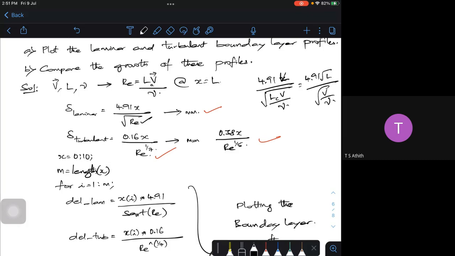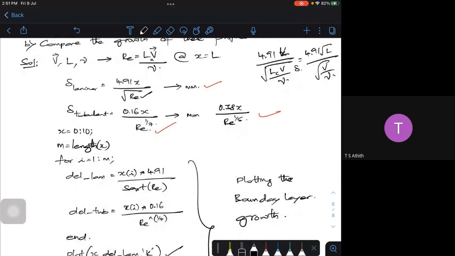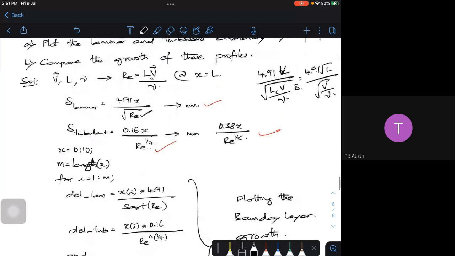I think I missed the property somewhere. So I need to get this is equal to delta, and I need to get those velocities, so local velocity by mu. This is for this condition. Mu will also go off, square root of L by 4.91 will also go off.